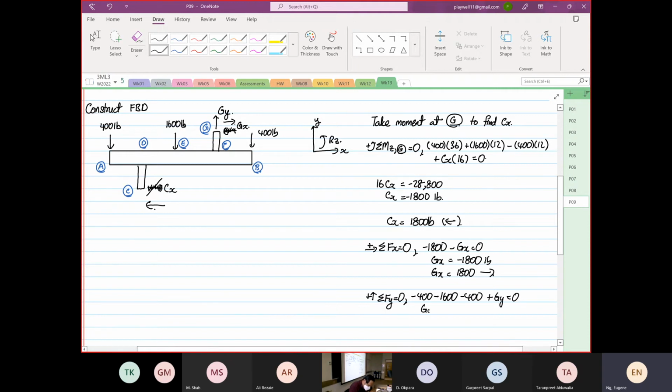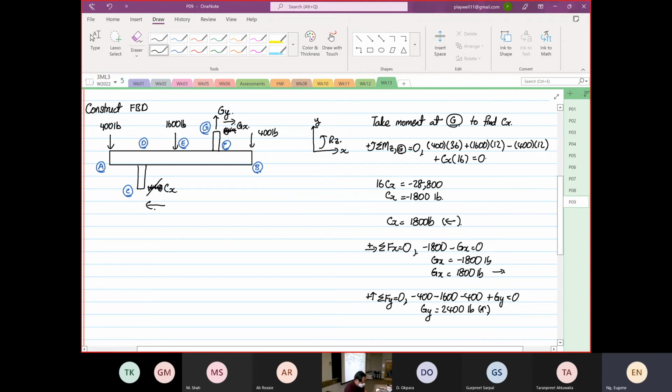So Gy is equal to 400 plus 400 plus 1600 is equal to 2400 pounds and is going upwards. Okay, all these are in pounds. Is it correct? Gy is 2400.